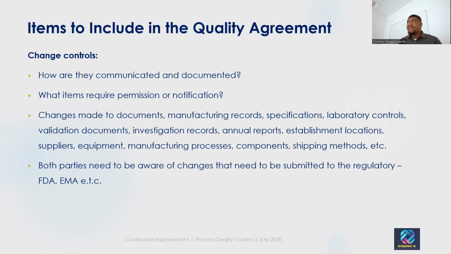So I receive 20 batches in a month, and I do a random check at a particular point. And they had changed the process for sterilizing a particular raw material, and it's in between my samples, and I didn't pick that up. And now I have a challenge in my finished product batch. This is the challenge that you will face because a change has happened on the supplier side and you are not notified. So all of this permission and notification must be clearly stated in your quality agreement. This is why you have a quality agreement.